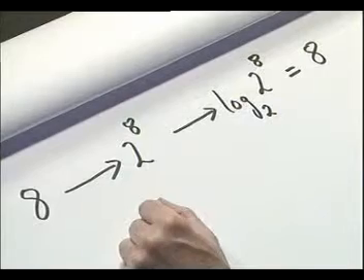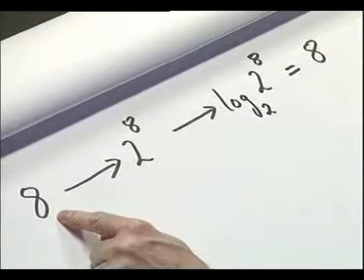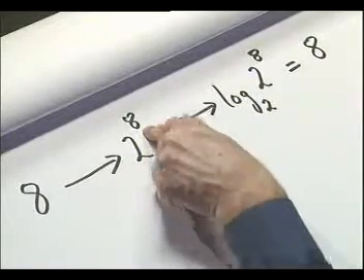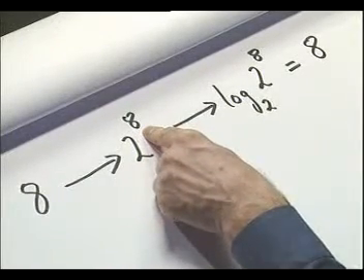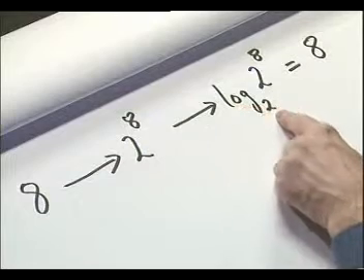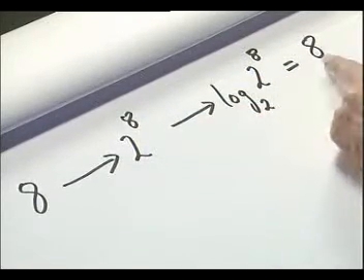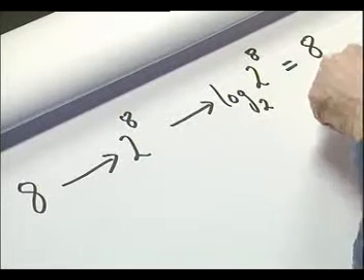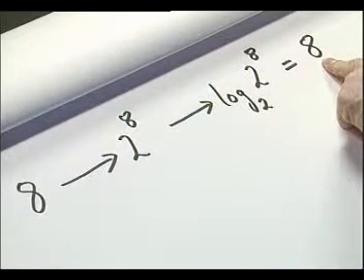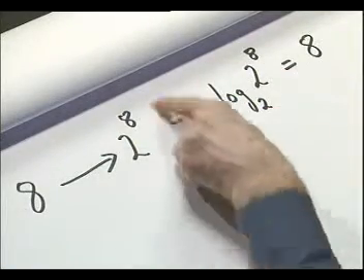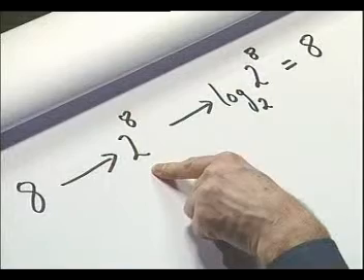Let's just think what's happened there. We started with a number. We took a base and we raised the base to that power. We then took logs to that base of our resulting answer, and we ended up with the number that we first started with. So in effect, what we did here undid what we'd done there.